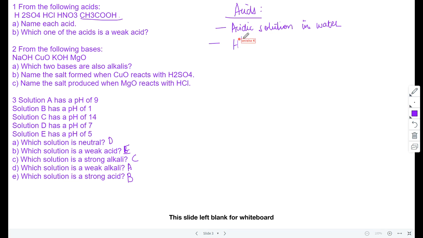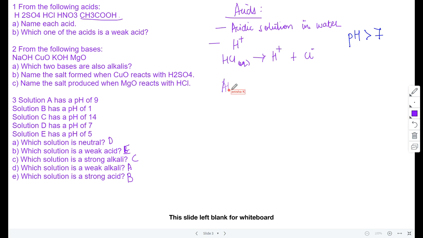They produce H plus ions, okay? That means HCl in aqueous solution gives H plus and Cl minus, okay? And here my pH range is less than 7. Less than 7.